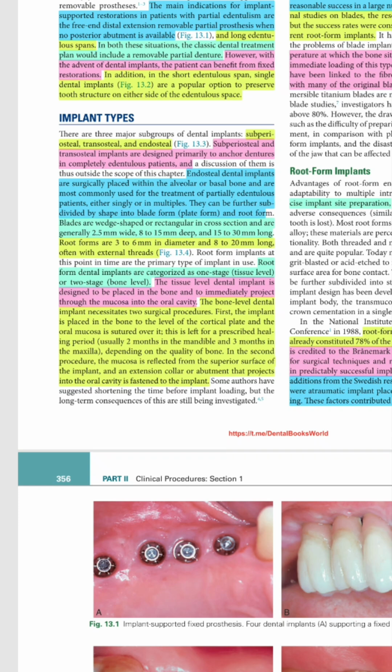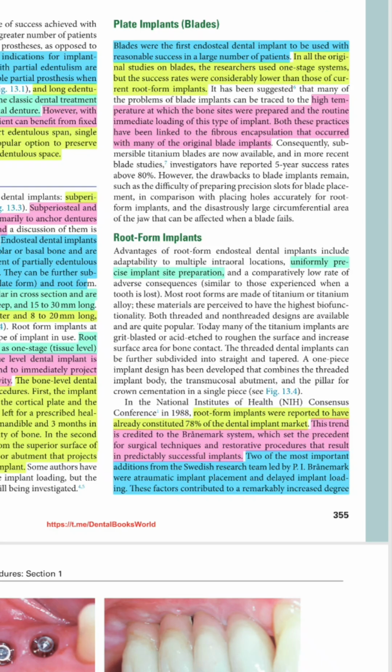As for the two stage, or the bone level, we wait after the implantation for about 2 months in the mandible and 3 months in the maxilla for osseointegration to take place around the implant inside the bone. Then in the second stage, we do the mucosa reflection and open the site of the surgery again to do the final restoration.